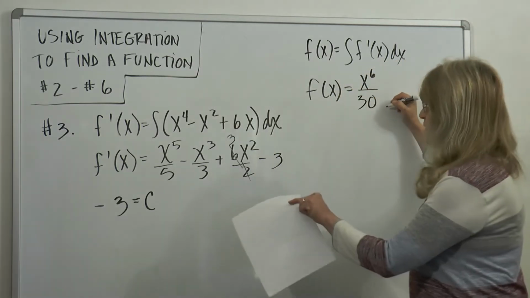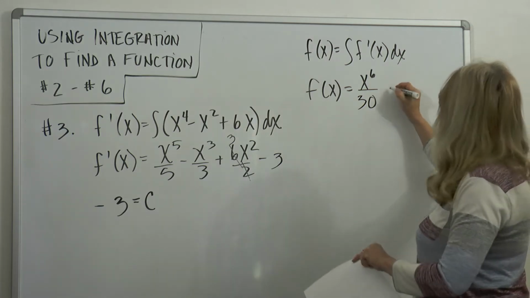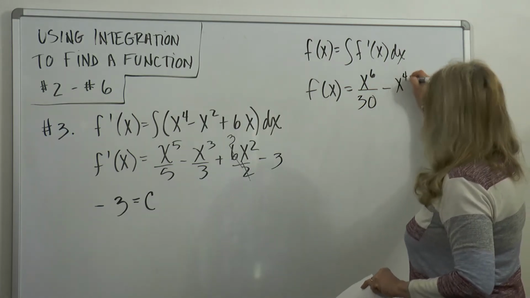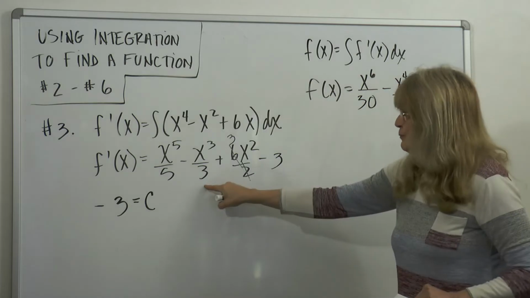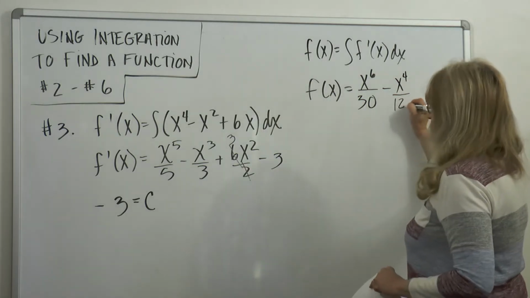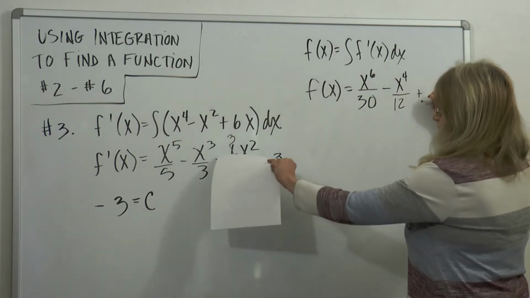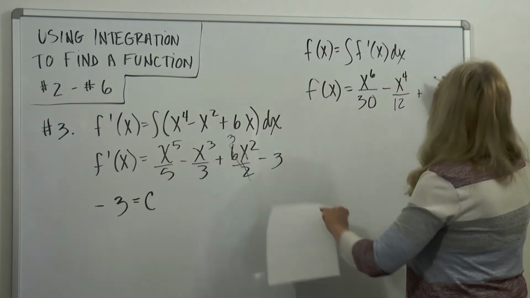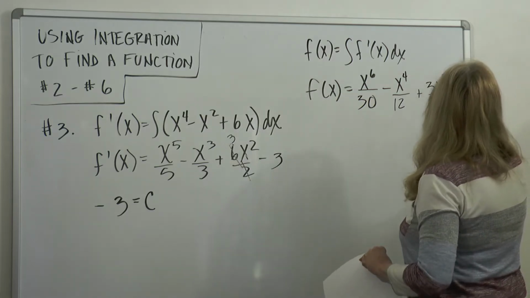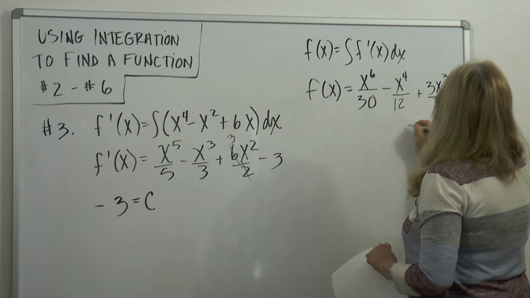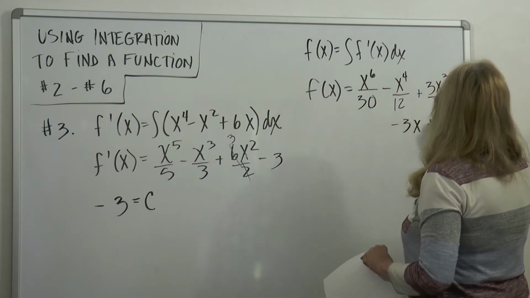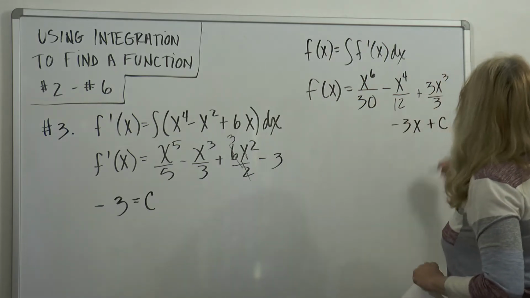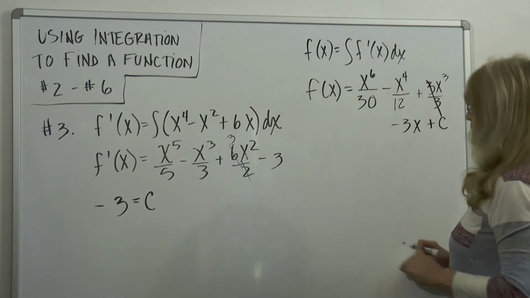I don't know if I was very clear with that in the last problem. Okay, so minus x to the 4th over 3 times 4 plus, this is a 3x squared, so it's going to be 3x to the 3rd over 3 minus 3x plus c. Those are going to cancel.